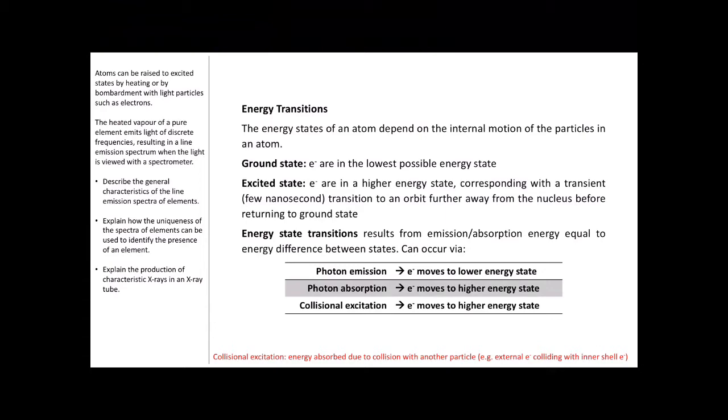So it's going from a lower energy state, absorbing a photon, and then jumping up to a higher energy level. If something is moving from ground state to its excited state and back to its ground state, it's absorbing a photon and then emitting a photon. So absorbing, going up to the higher state, emitting, going back down to ground state.